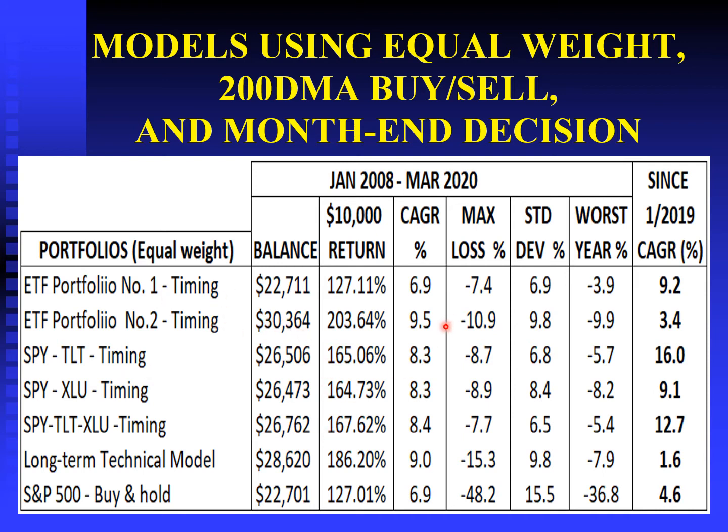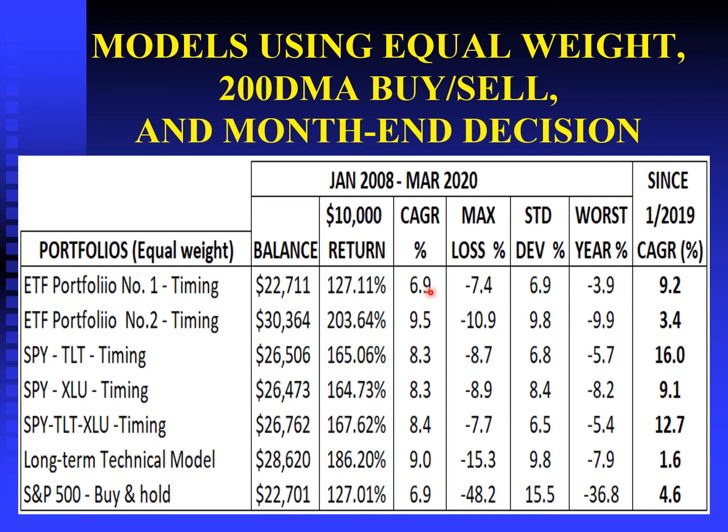As you notice, the returns for the defensive are lower than the 9.5% of the more aggressive. However, the aggressive has more losses because it has more volatility. As you can see, 9.8 standard deviation. The defensive has only 7.4% max loss and much lower volatility, 6.9 instead of 9.8, and much lower worst year.